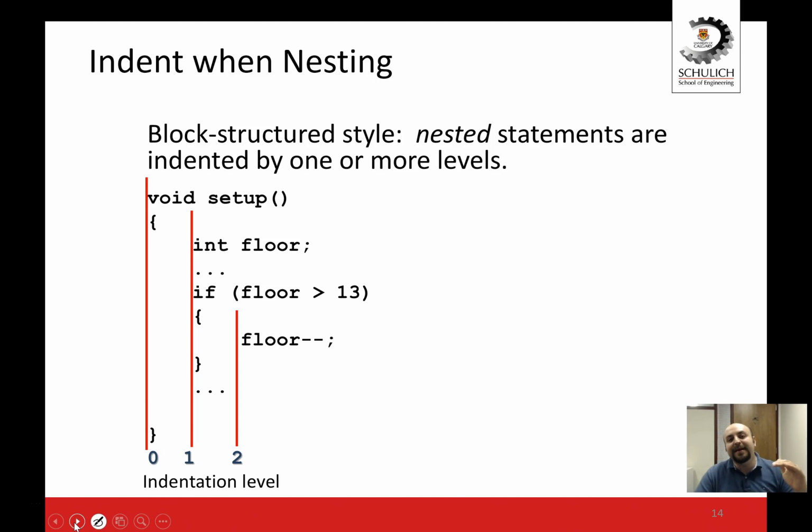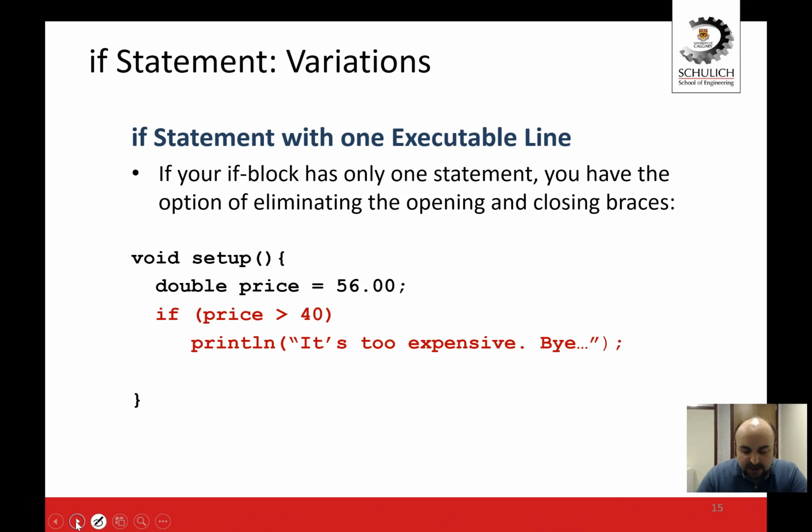So if your code is really messy, one trick in Processing is if you press Control T, it aligns things for you. That's one trick that Processing does. But this is basically what I want you to follow. It's going to make life a lot easier for you in the long run.